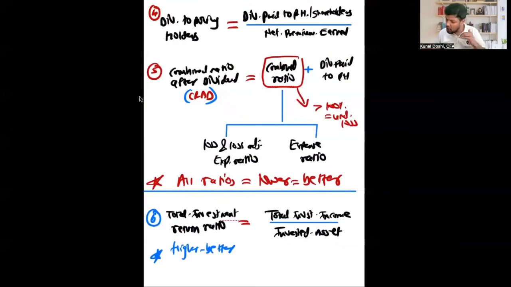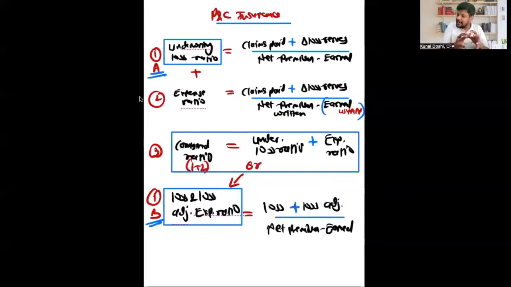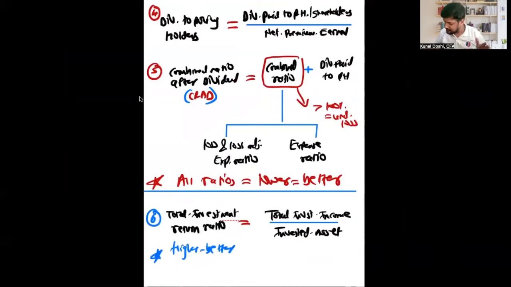For all of these ratios, the lower the ratio, the better it is. For your exam, the underwriting loss ratio can be replaced with the loss and loss adjustment expense ratio. All of the ratios, just remember, are divided by net premium earned for your exam.